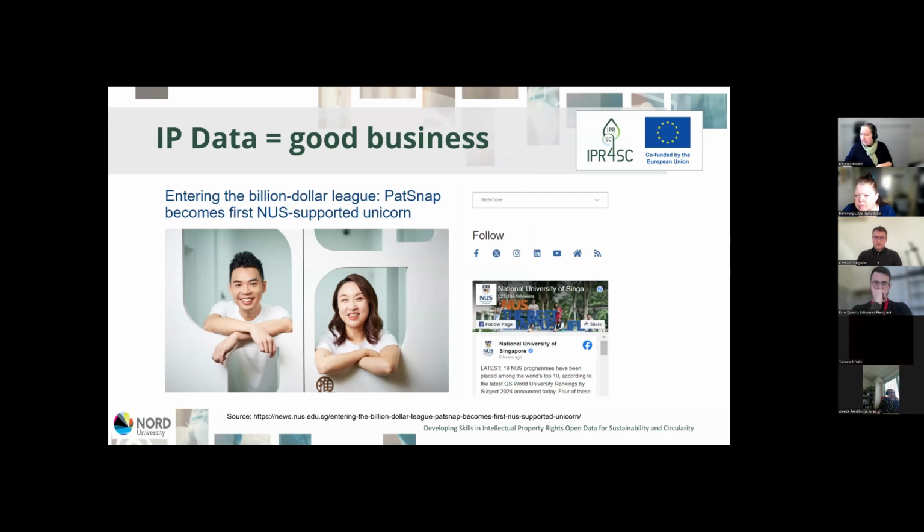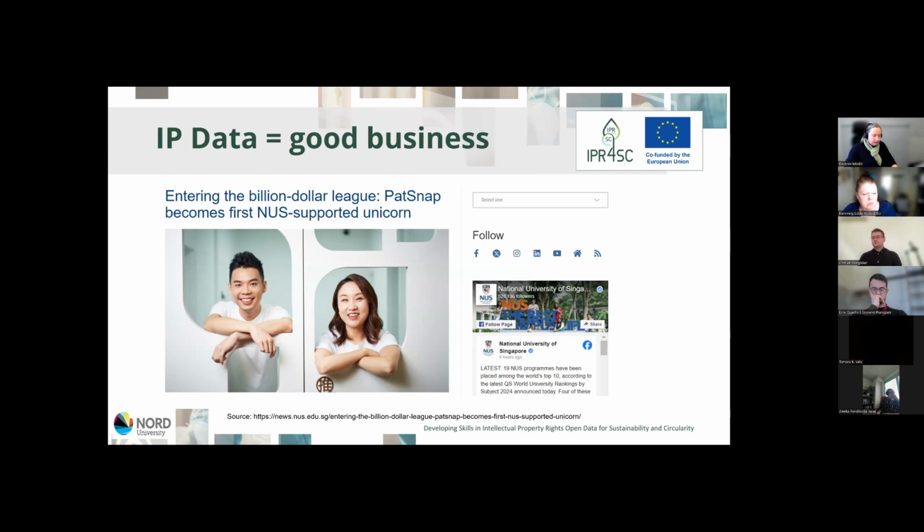All right, but I keep saying data, right? And just to put it in perspective, this IP data is also good business for providers, right? I like this example of Patsnap, right? They're a so-called unicorn.